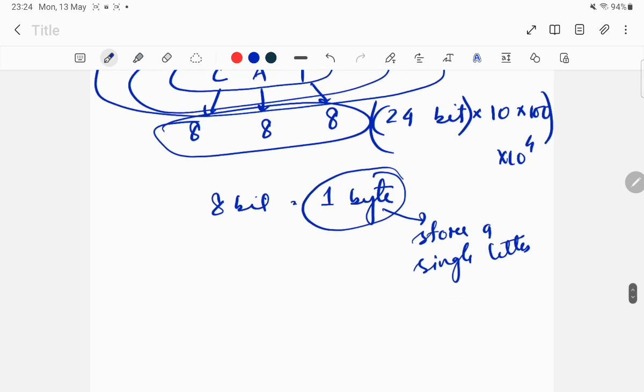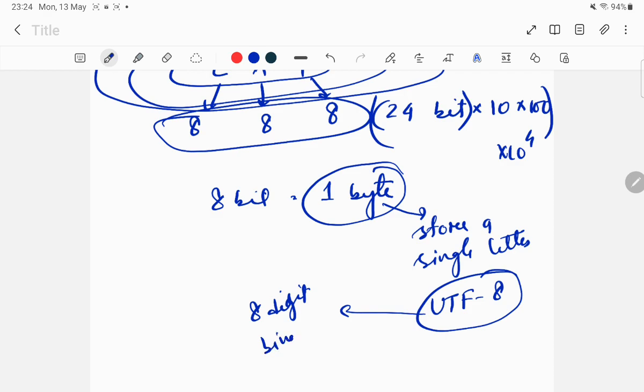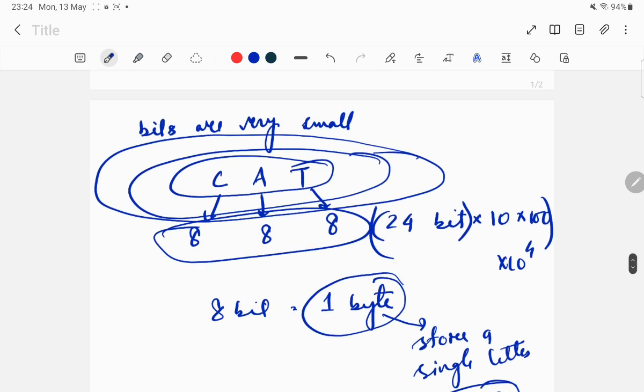If you remember in the UTF file, every alphabet was represented by an 8 digit binary sequence. So bits are very small, so we combine 8 bits together, and that is called 1 byte.